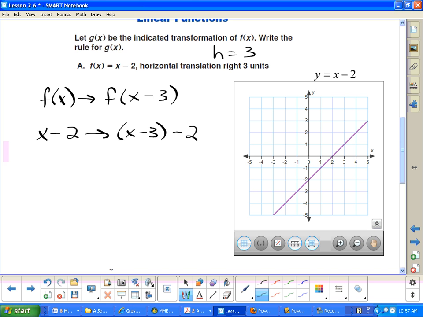We replaced the x with x minus 3. So our transformed function g of x would then become x minus 5 when we simplify it.